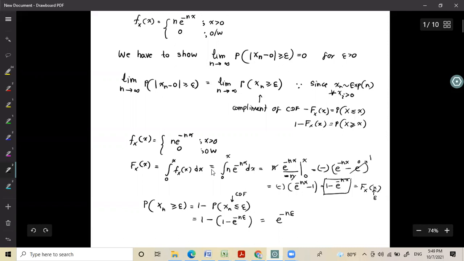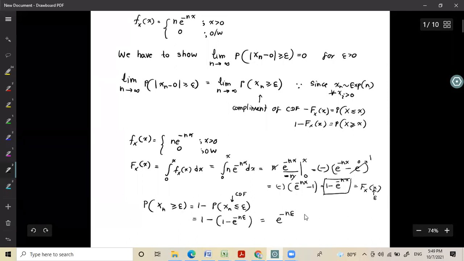We found that the CDF is 1 minus e to the negative nx, the cumulative probability at x. In our right-hand side, we have the probability Xn greater than or equal to epsilon. So we replace x with epsilon, and we need 1 minus the CDF. When we do that, your final answer is e to the negative n epsilon.